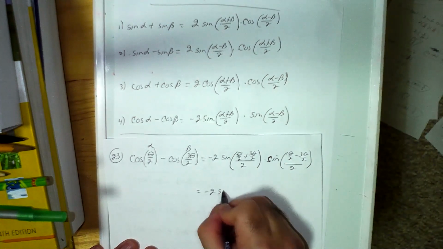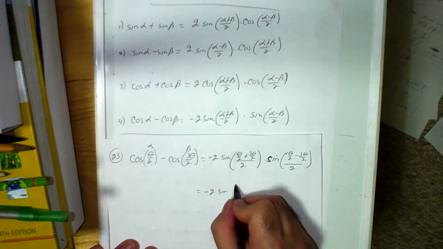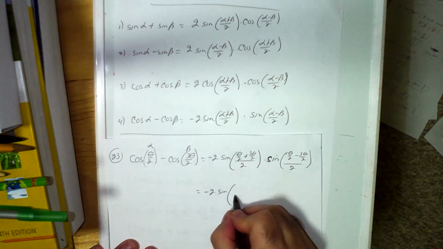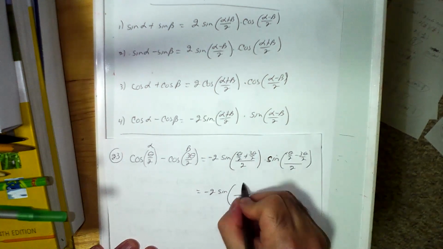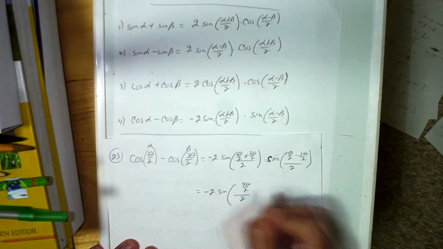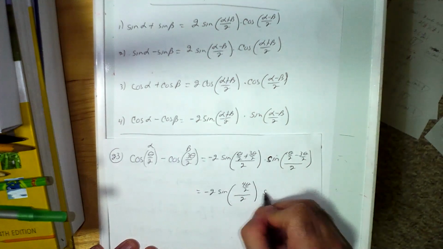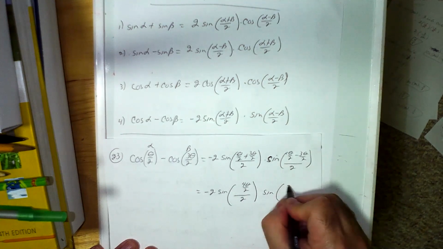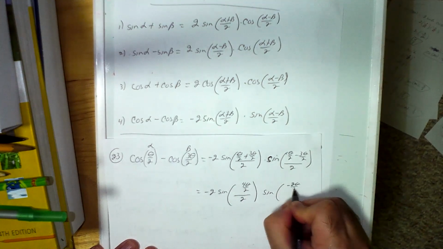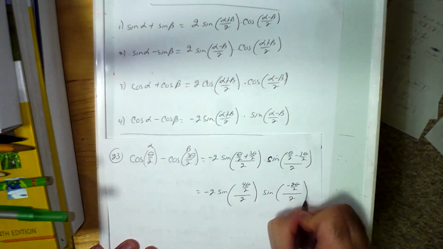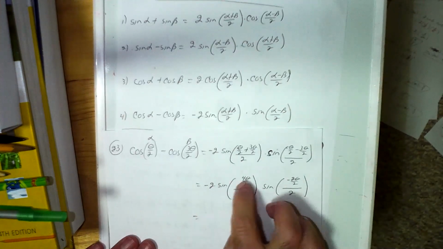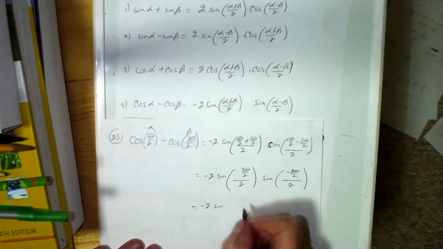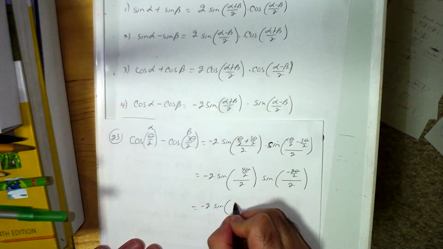Let's simplify the top portion. So on the top, I'm not worried about the 2 in the bottom yet, but the top should give me 4 theta over 2. The second one, I'm going to get negative 2 theta over 2 all over 2. It's all right. That's fine. We haven't finished simplifying the top. So this should give us, on the top, 2 theta.